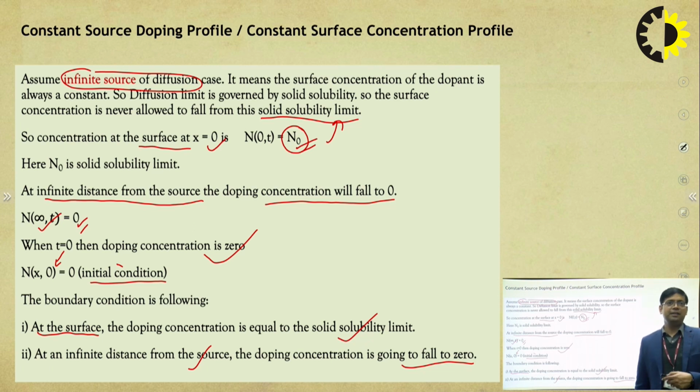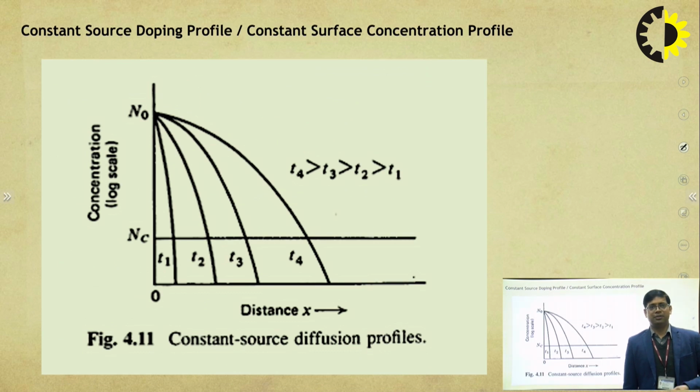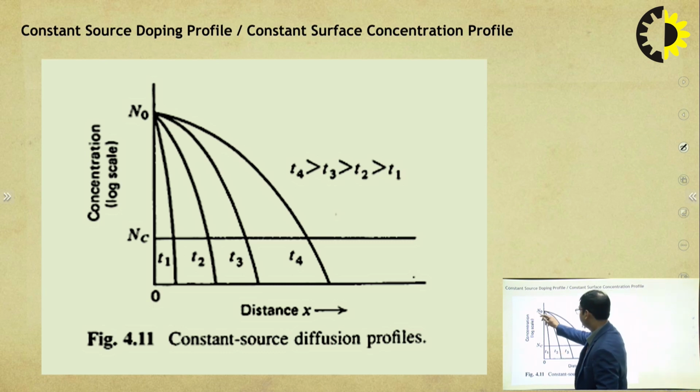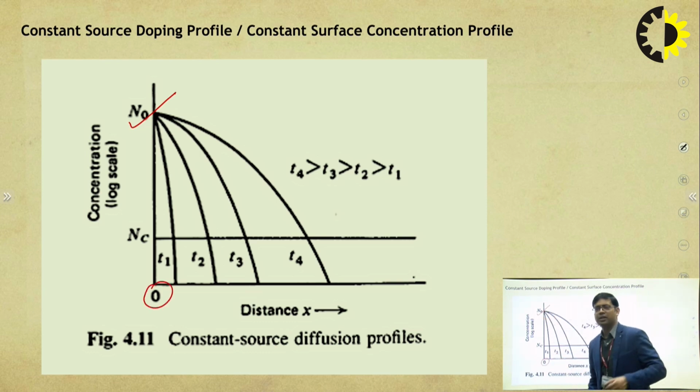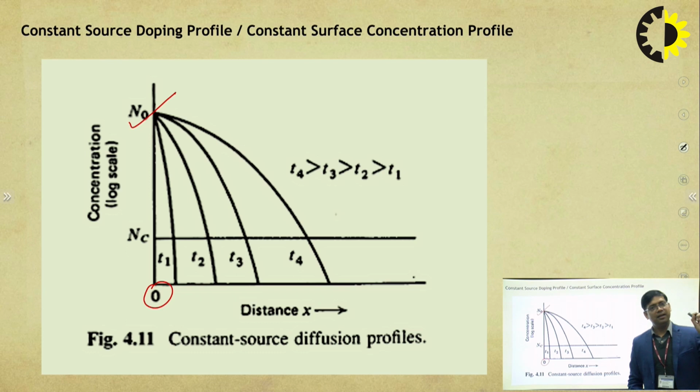In this infinite source of diffusion case, we see that the doping profile follows the complementary error function profile. This is the doping profile in case of infinite source of diffusion. Here we can see that at all times at the surface, when x equals 0, the concentration is maintained at the solid solubility limit, that is N naught.